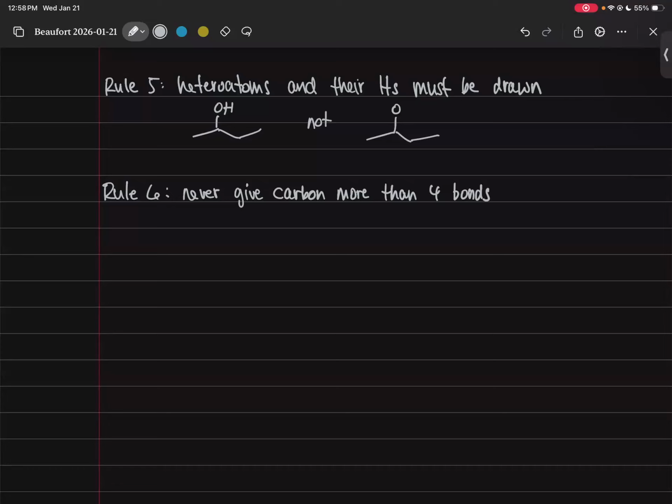That sounds easy enough, and when you're drawing Lewis structures, it's kind of hard to break this rule. But when you're drawing skeletal structures, for some reason, all of a sudden, everybody's brain just turns off, and then they end up drawing stuff like this. And I reserve the right to laugh at you if you do this.